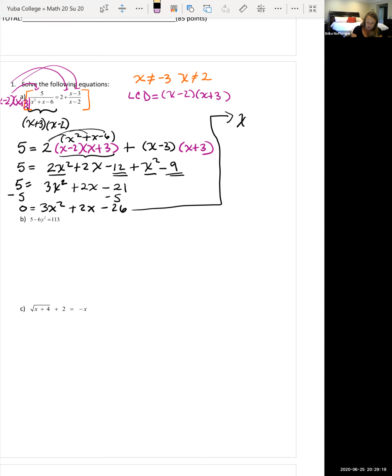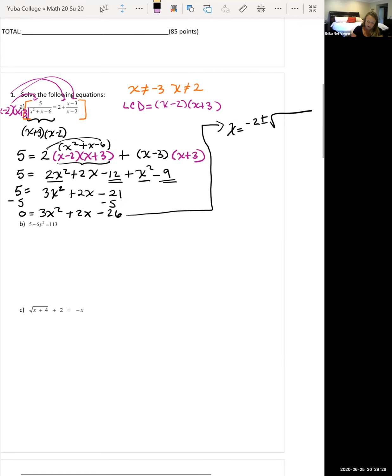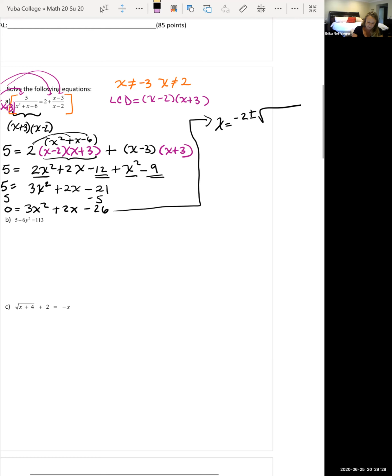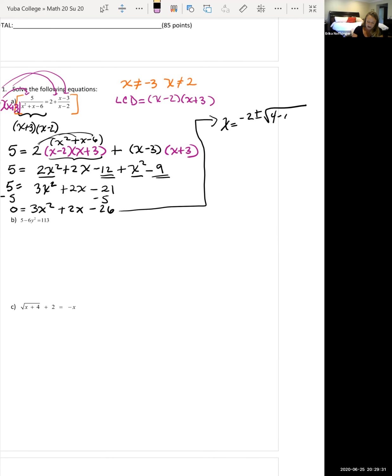So x is equal to negative b, negative 2, plus or minus the square root of b squared, which is 2 squared is 4, minus 4 times a, which is 3, times c, which is negative 21, all over 2 times 3. So 4 times 3 is 12. 12 times 21 gives us 252.